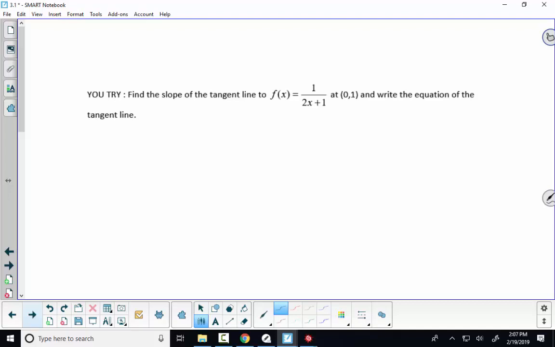Just moving forward, though, we're going to compute the slope of the tangent line on 1 over 2x plus 1. What process do you think is involved in handling this? Factoring, conjugates, LCDs, which one of those?